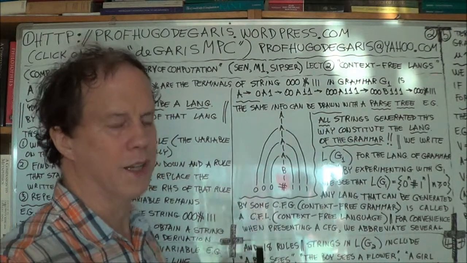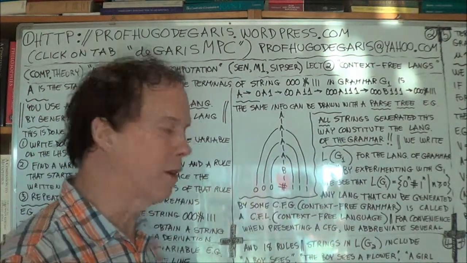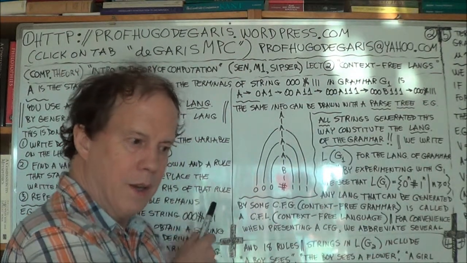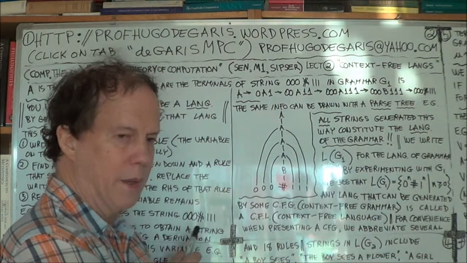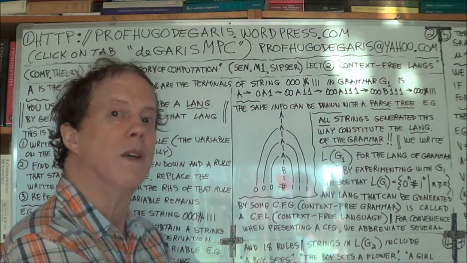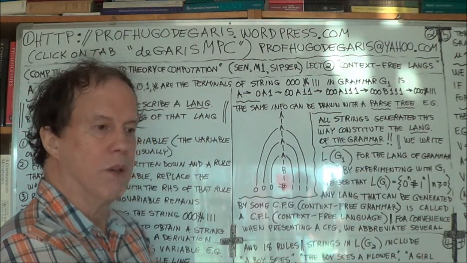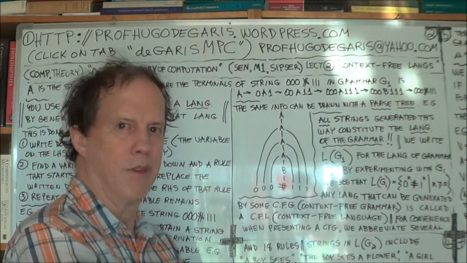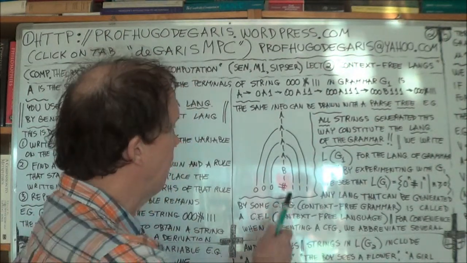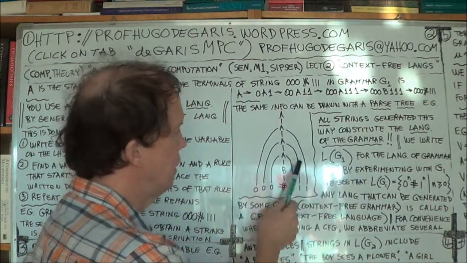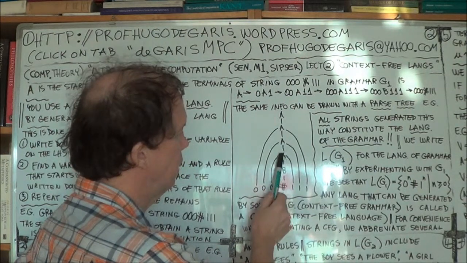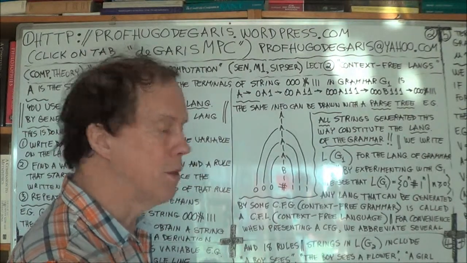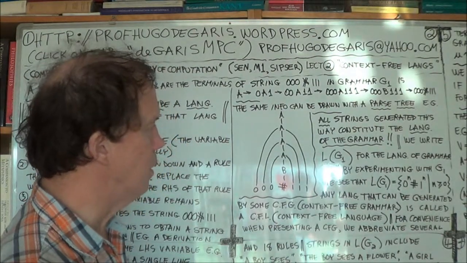We don't look at the context or the neighborhood, so to speak. We only look at that one variable. So we don't care about the context. So this kind of grammar is called context-free. If you like, you could call it context-independent, or no context grammars, right? Context-free in the sense that you do not look at the neighbours of the variable that you're substituting. So that's why they're called context-free grammars.